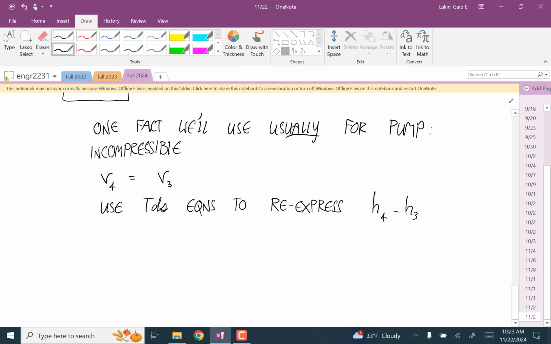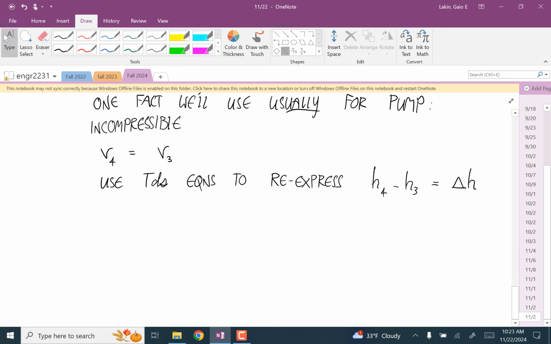You can think of h4 minus h3 as the change in specific enthalpy over this process. So T dS is equal to, the one we're going to use is dh minus v dP. Is the pump isobaric or isentropic?